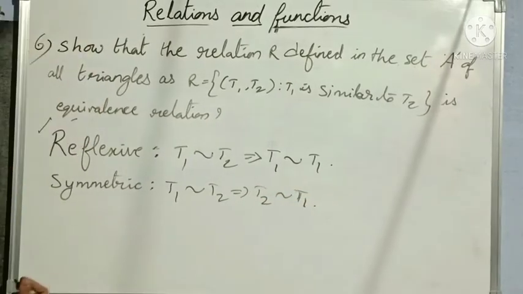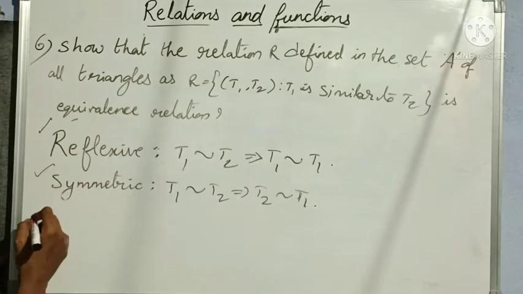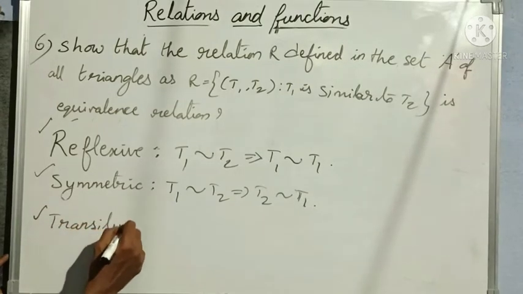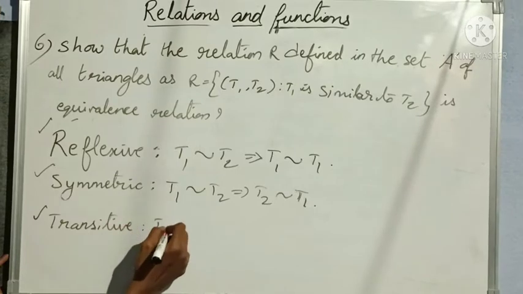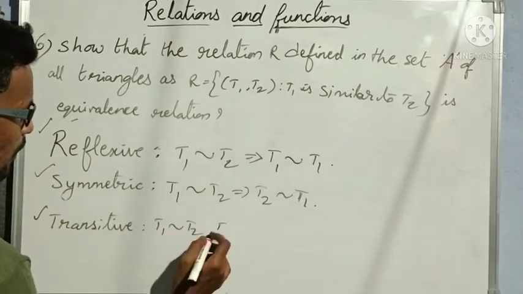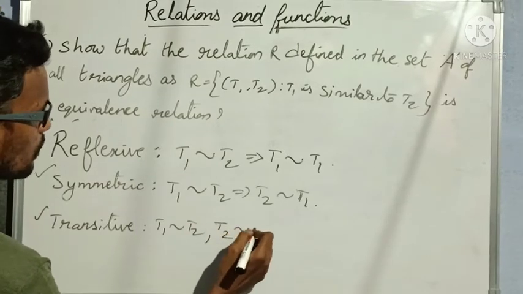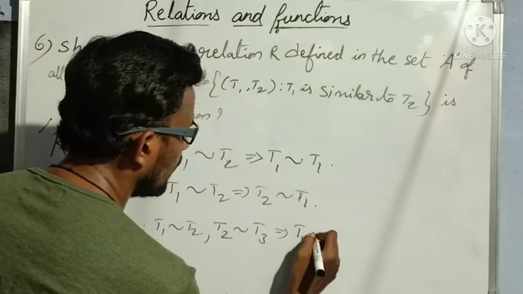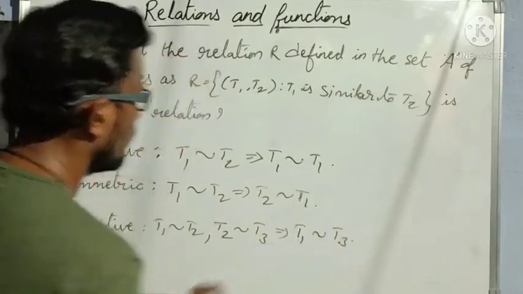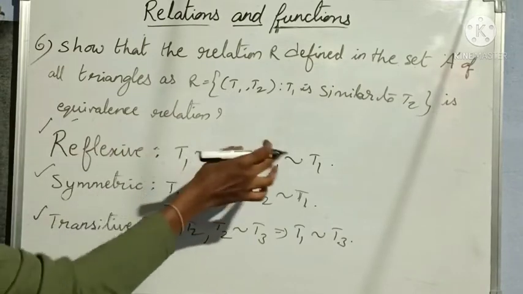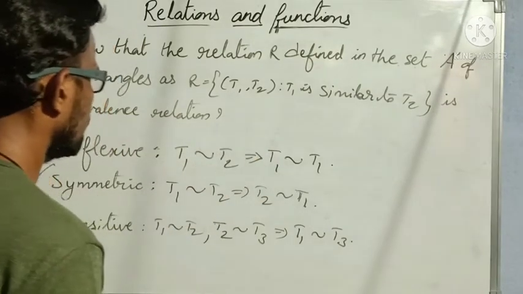Okay. So this is also satisfied. Next, transitive. So T1 similar to T2, comma, T2 similar to T3 implies T1 similar to T3. Yes, similarity means it may be about angles or sides.